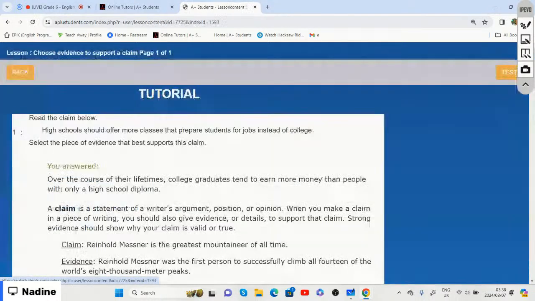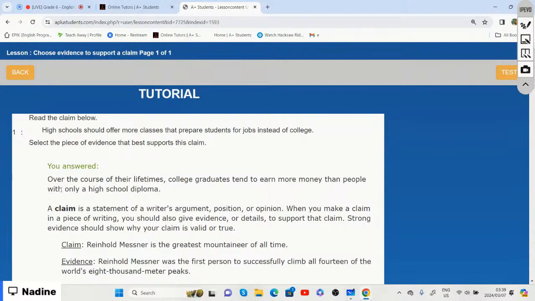So now we also need to choose evidence to support a claim. We have facts and we have opinions. Facts are things that you can observe, with evidence and observations. And then we have an opinion, which is things that you believe, you think, and also things that you feel.